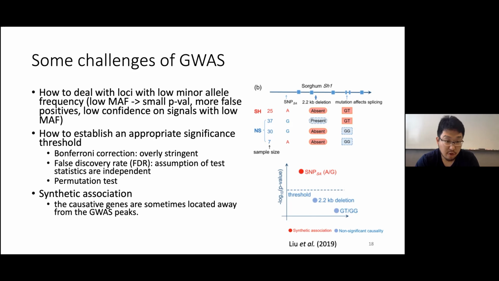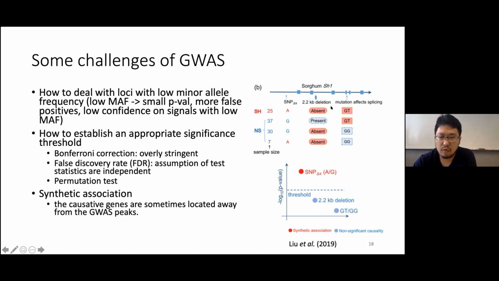And the other major problem is called synthetic association or ghost association. I'm not sure if anyone of you has heard of this. It means that the causal genes or the causal SNPs underlying the traits are sometimes located away from the GWAS peak you found. This is a simplified example from the sorghum shattering 1 gene. The causal polymorphisms are this presence and absence variation, and also this mutation that affects the splicing in the gene.